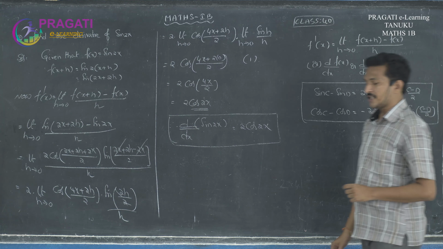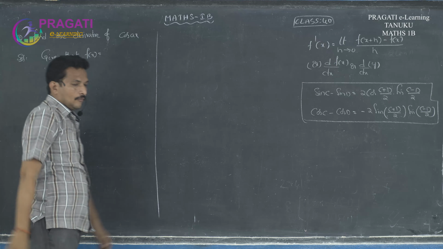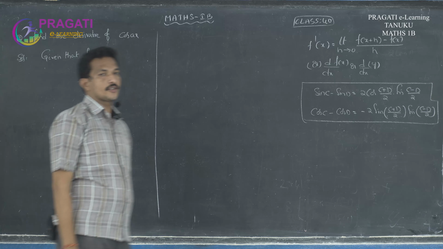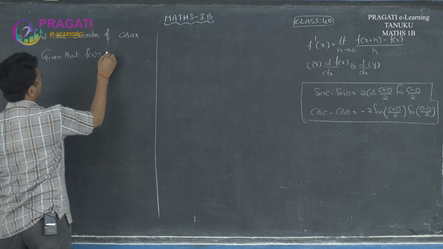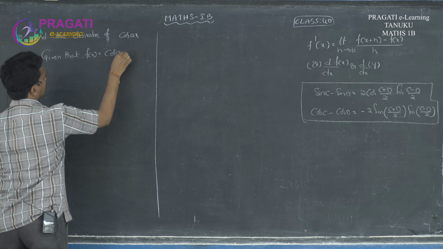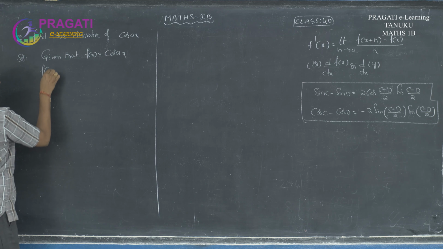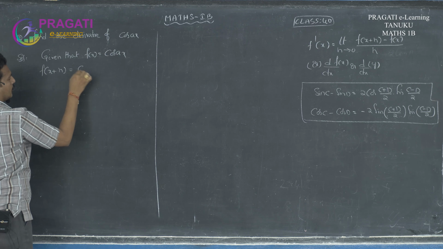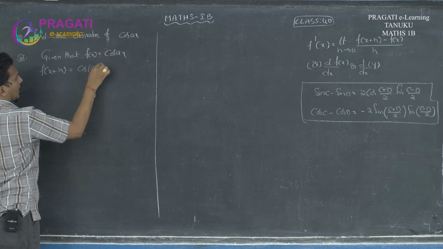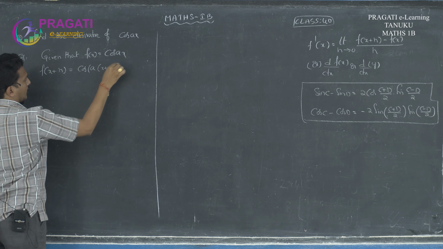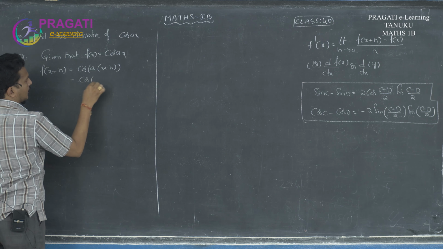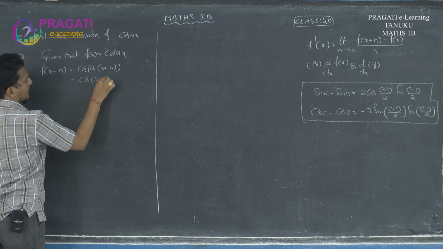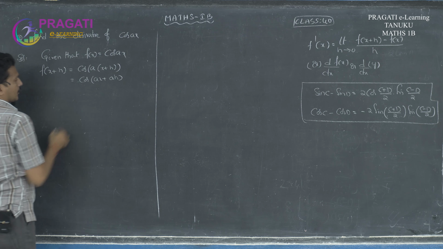Okay. The next problem is to find the derivative of cos ax. Here the function is cos ax. Now f of x plus h means replacing x by x plus h, then cos of a into (x plus h), multiplying with a, giving ax plus ah.